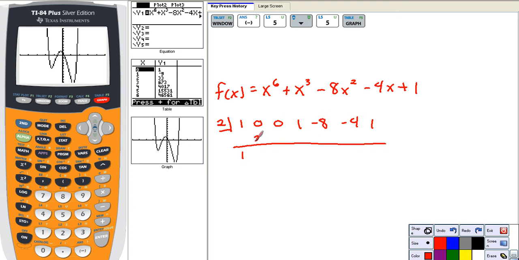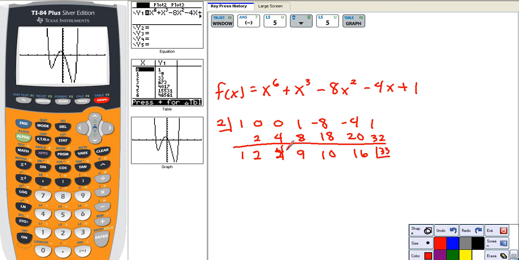Drop down, multiply, add, multiply, add, multiply, oops, sorry, this add becomes a 4. Multiply, I get 8. Add, I get 9. Multiply, I get 18. Add, multiply, add, multiply, and add for my remainder of 33.